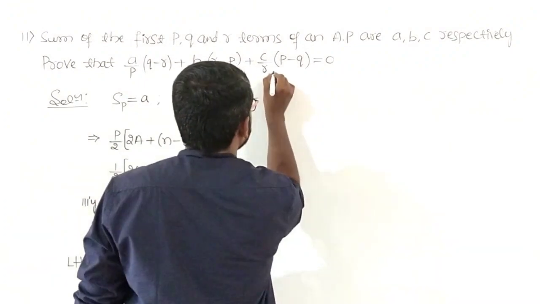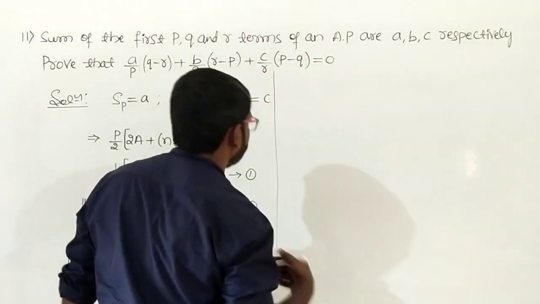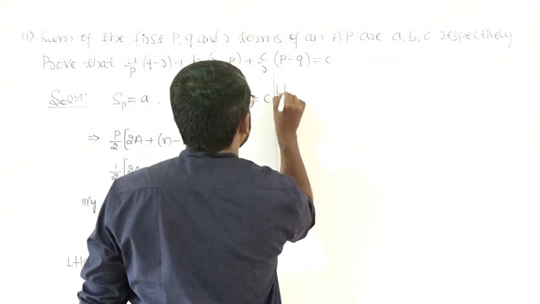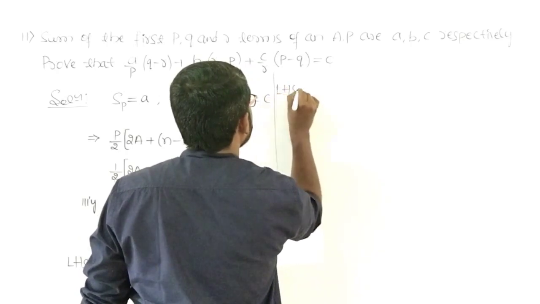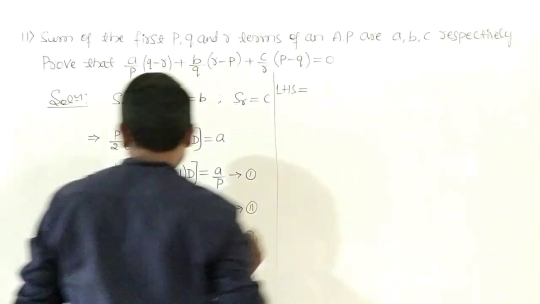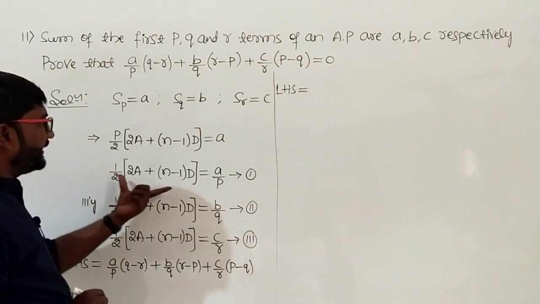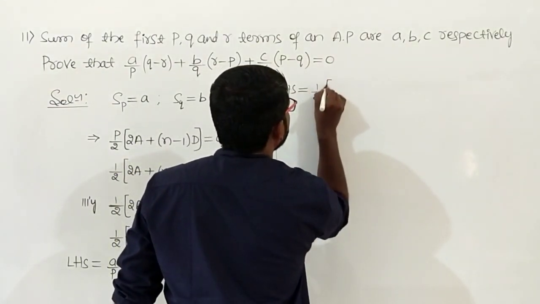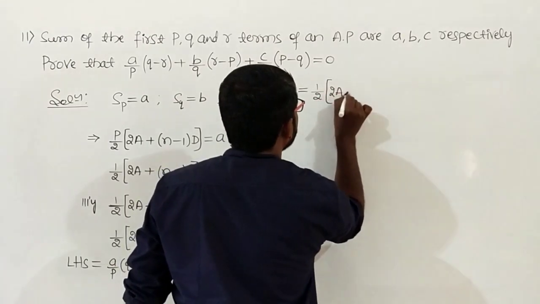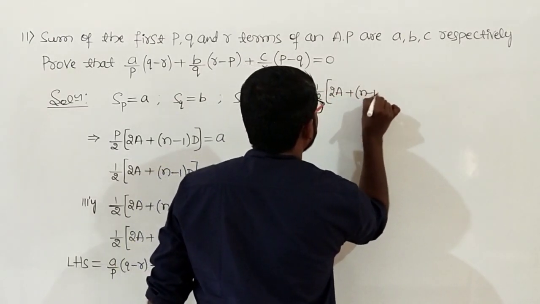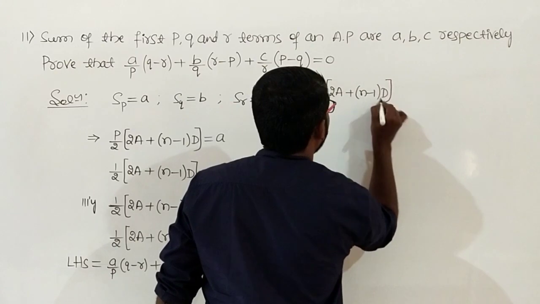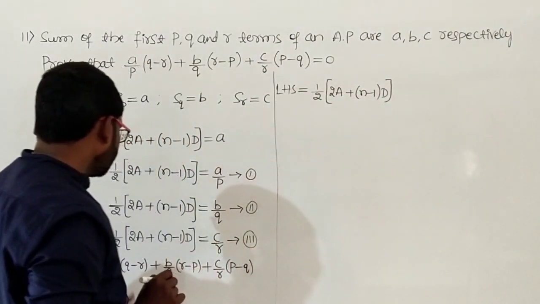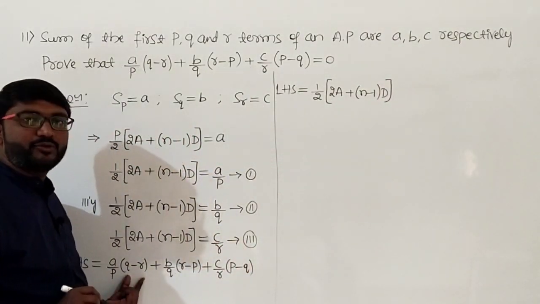So now here LHS equals a by p. In place of a by p I write equation number 1. It is 1 by 2 into 2A plus p minus 1 into D, into q minus r.